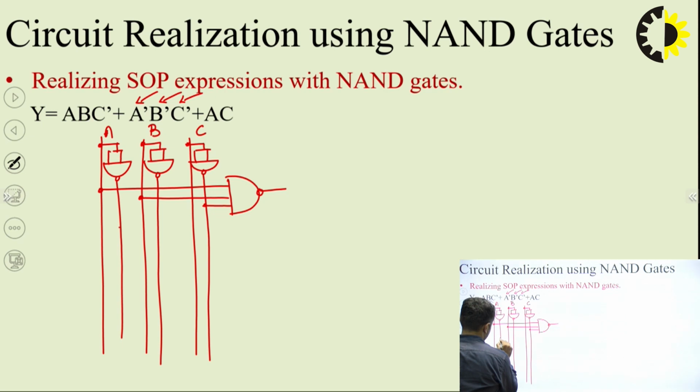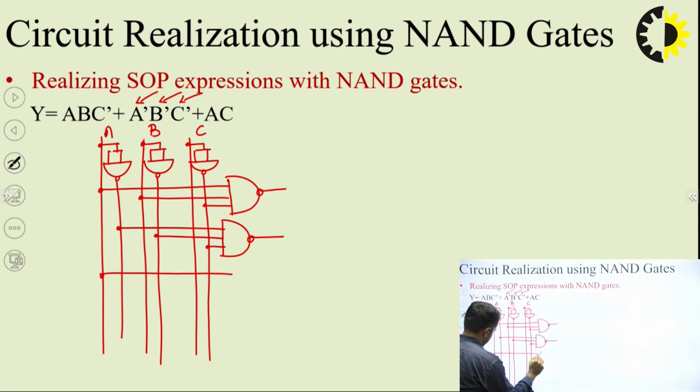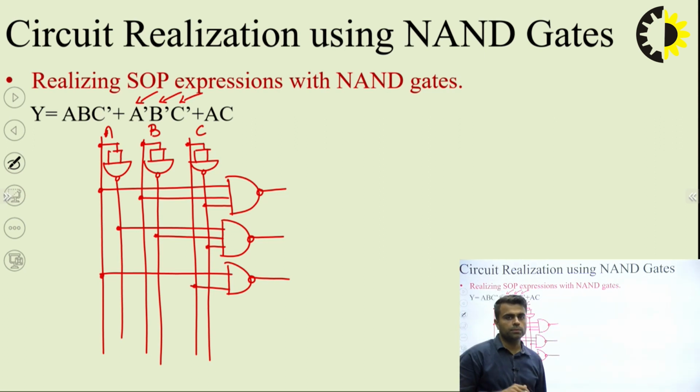So this is A bar, this is B bar, this is C bar. Another product, another NAND gate. The last product is AC. So this is A and this is C, another NAND gate. All three products are calculated and then finally we have to compute the sum.